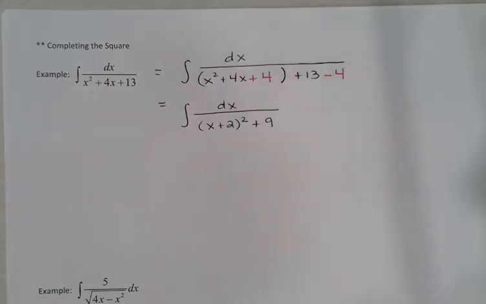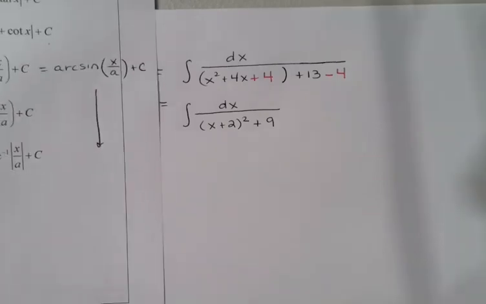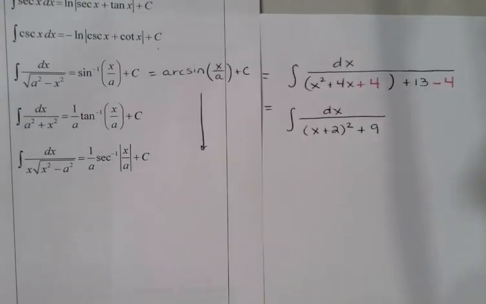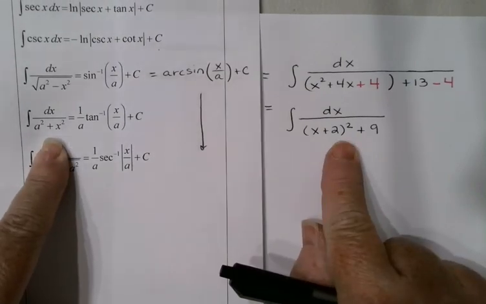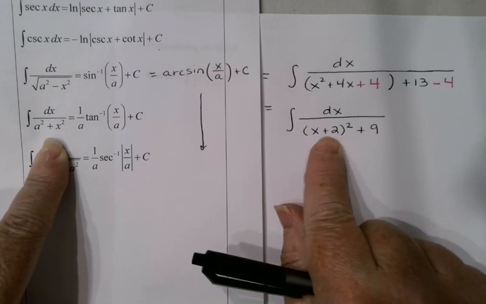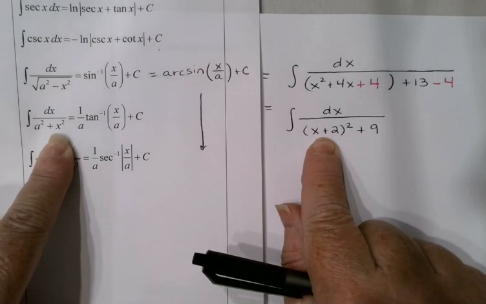All right, have we accomplished anything? Well, if you look at this, would you agree that there's the potential to match this arctangent integral? X plus 2 squared would be like the x squared. In fact, I'll probably let u be the x plus 2.